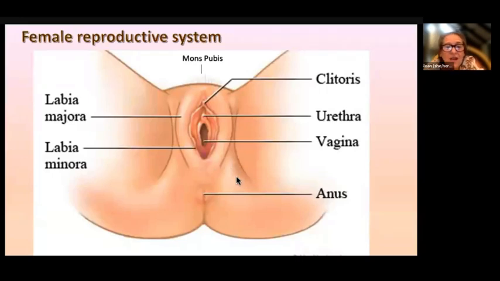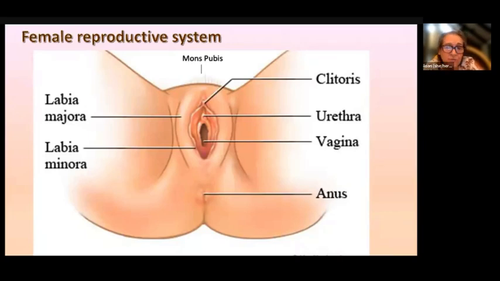The one thing that a lot of women don't realize, even women who are very educated, is that we actually have three openings here. Obviously, we have the anus and the vagina, but right next to the vagina is the urethra, and that's where we urinate.